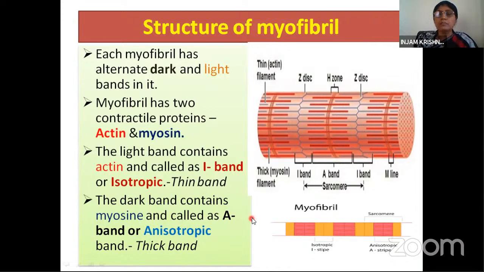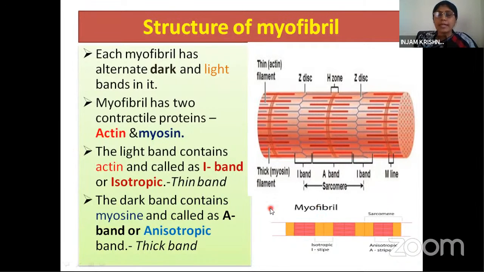Already I discussed yesterday, this band is called the I band because of the isotropic, and because of the anisotropic, we have given the name A band. At the center of the I band, the zigzag line is the Z disc. And at the center of the A band, there is one line, that is the M line.